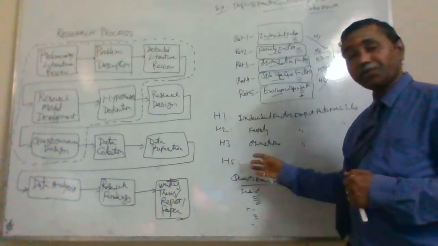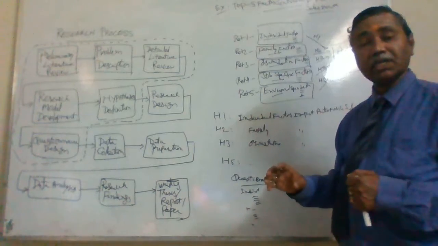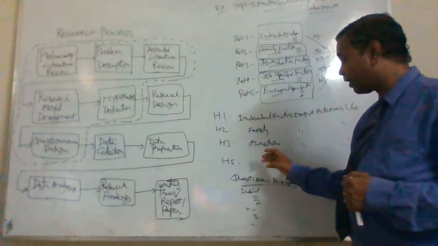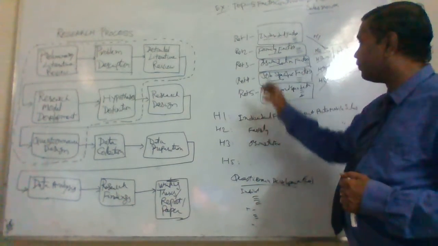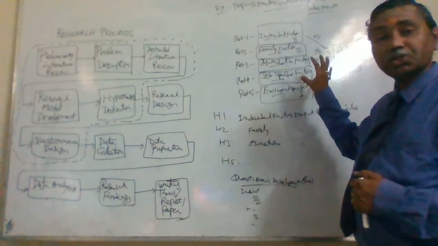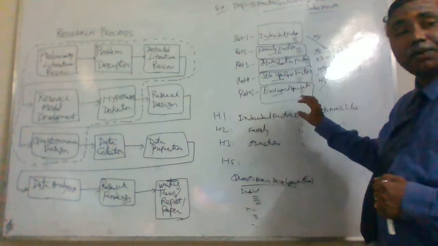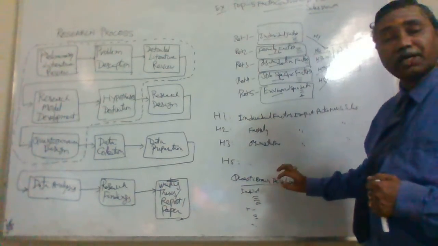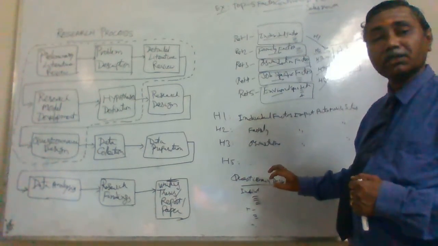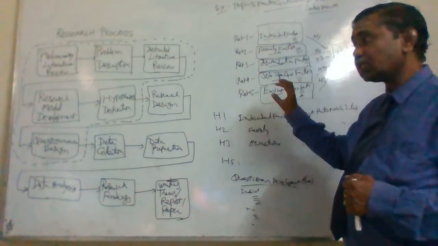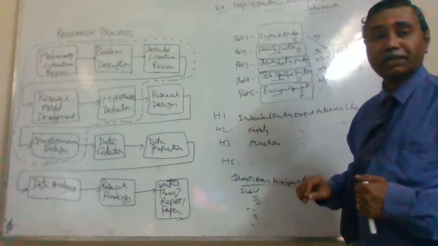So 4 to 5 hypotheses is ideal. Similarly, you should have a model. These are the key areas to focus on: model, hypothesis, and questionnaire, for doing an empirical study, right?